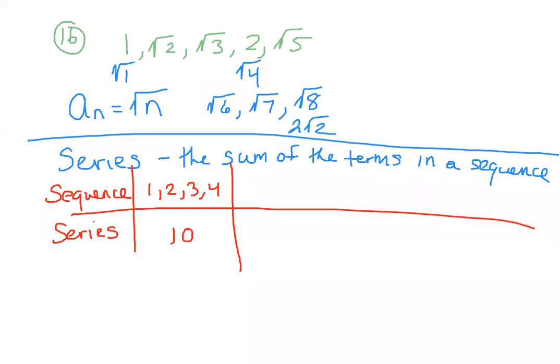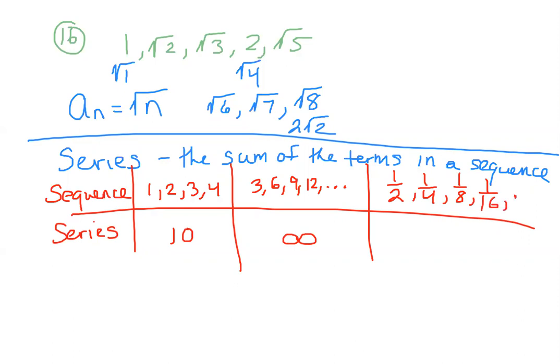If our sequence is 3, 6, 9, 12, ... if we add all those up, we're going to get infinity. And if our sequence is 1/2 plus 1/4 plus 1/8 plus 1/16 plus ... even though we keep adding things, this actually equals 1. And we'll see some examples of that.